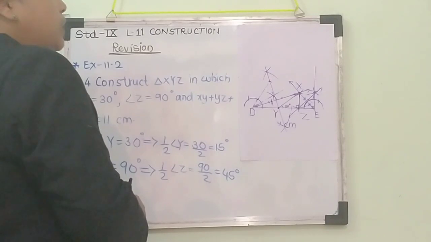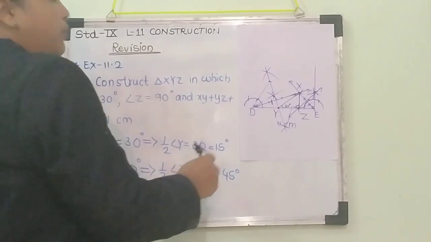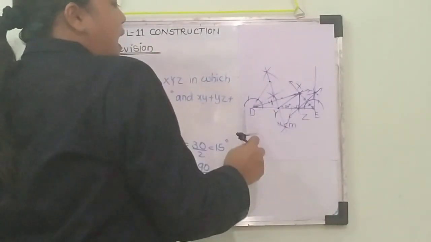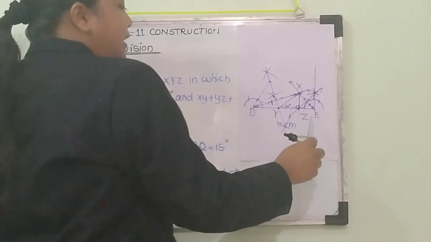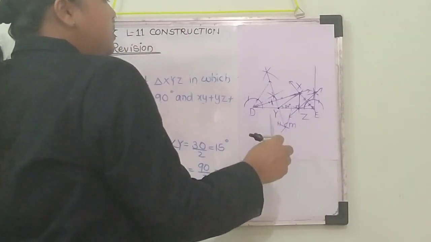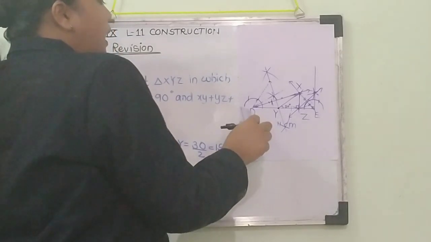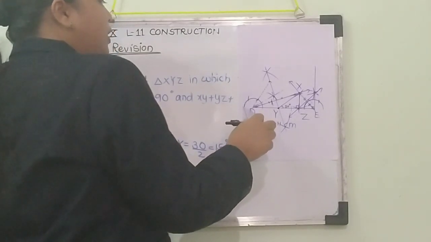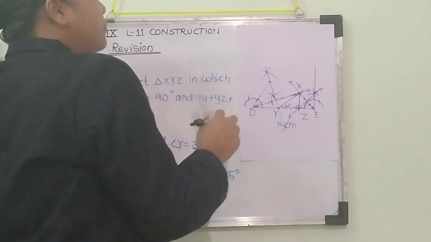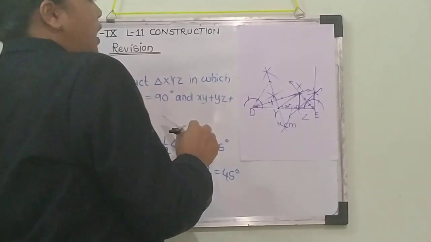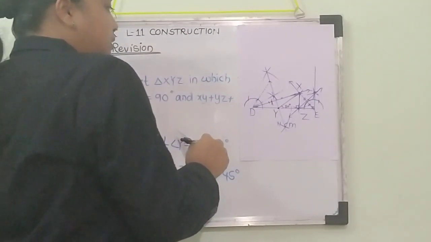So first initially what we have to do, we have to draw the base as our perimeter, then give the names other than the triangle's vertex names, and from there we have to draw the half of the given angles.